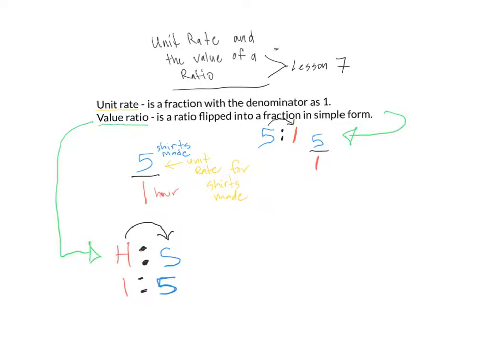Let me make sure that you know that this is the unit rate. And so when you flip it on its side, you get 1 over 5. And can 1 over 5 be reduced any more than what it is, or is it already in simple form? Who can tell me?